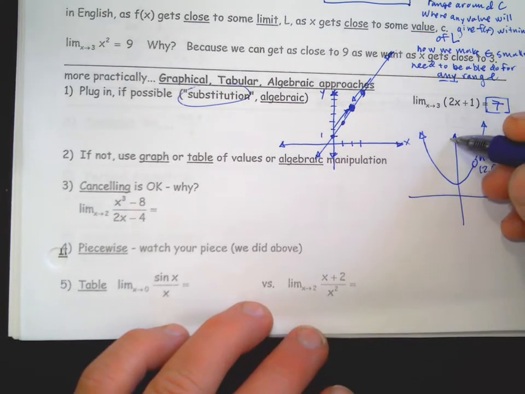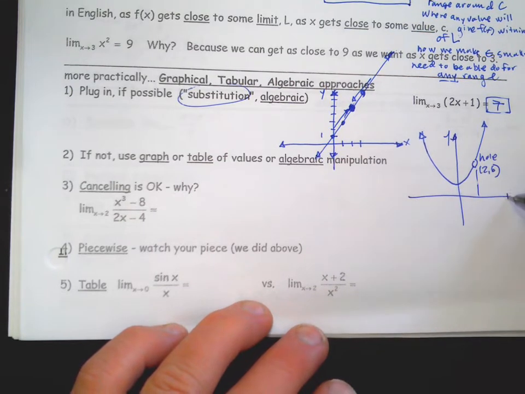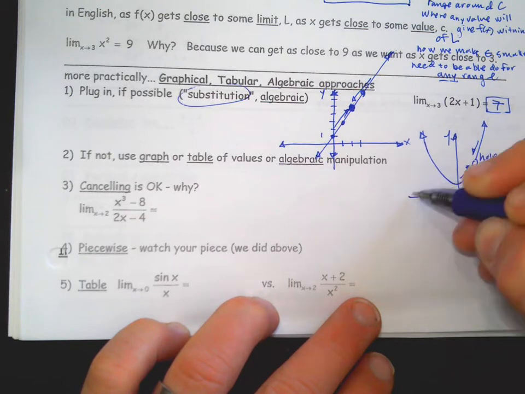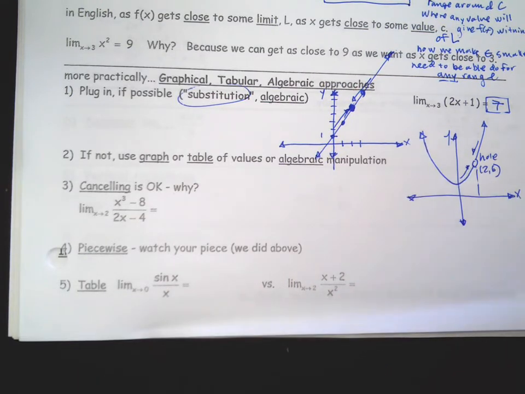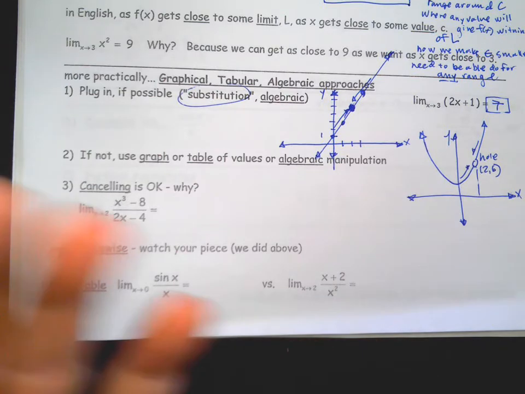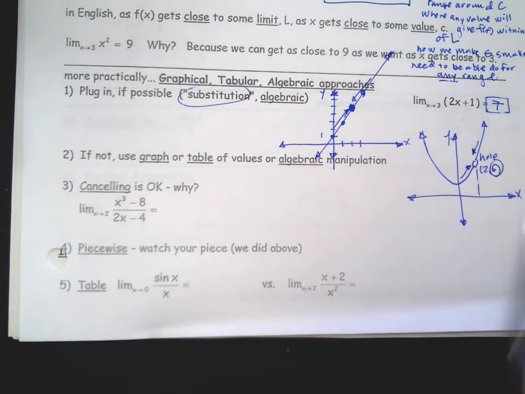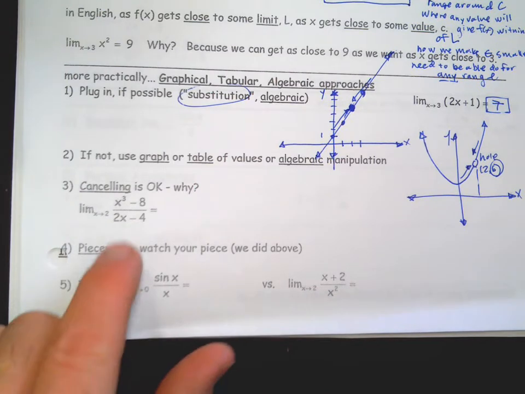Then the limit as we approach x equals 2: if you plug 2 into this function, it's probably going to give you something bad like a division by 0 or 0 over 0. So that's not the answer, obviously. But as we approach 2 from the left and right, the limit is 6. The answer is 6.